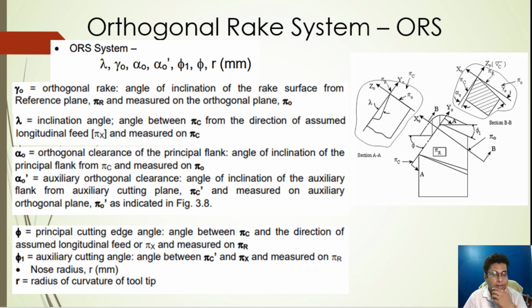However, this ORS system actually is very easy to use, or rather frequently used for research and development purpose. Otherwise, in case of manufacturing industries, generally ASA system of nomenclature is used in order to denote a cutting tool.